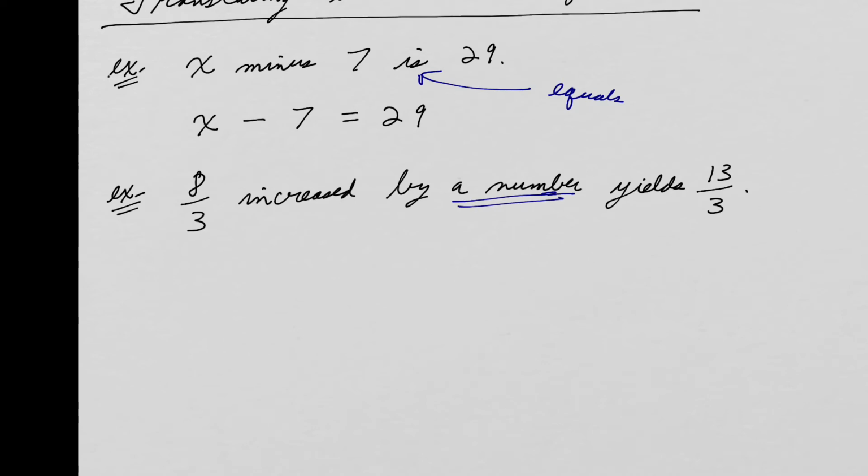You can give it any name you want. Let's call it maybe y. So now we have to translate this. 8/3 increased by y means added, so I'm going to do 8/3 plus y. And then yields is another name for equals, 13/3. So that would be the equation.